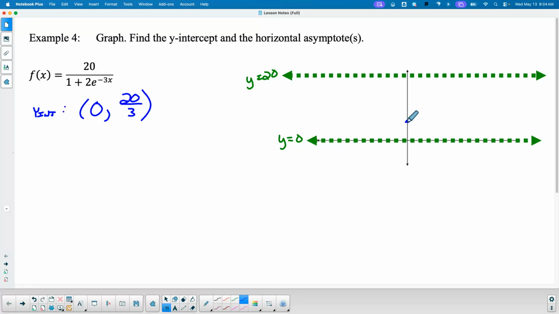Remember, logistics are opposite exponential. So if an exponential is a decay, then the logistic is a growth. Here I'm looking at 2e to the negative 3x power. That's a decay, so the logistic is a growth.